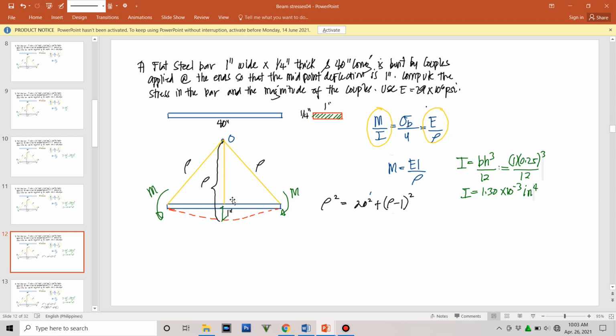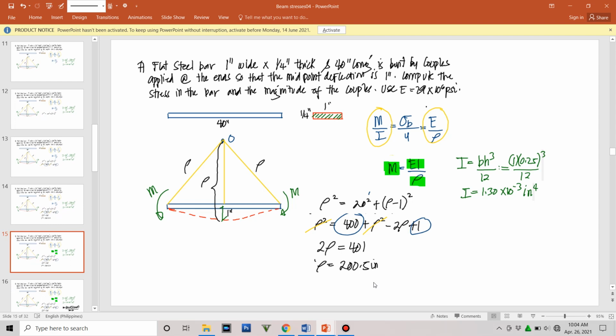So this yellow dimension, vertical, is also squared. By manipulation, this 20 will become 400. We can cancel out rho squared. This one is expanded to rho squared minus 2 rho plus 1, so the one rho squared is cancelled. So we will come up with a value of 200.5 inches. So this is the radius of curvature.